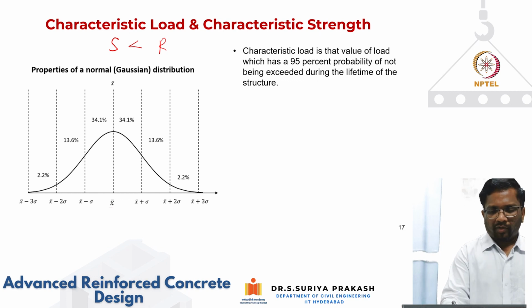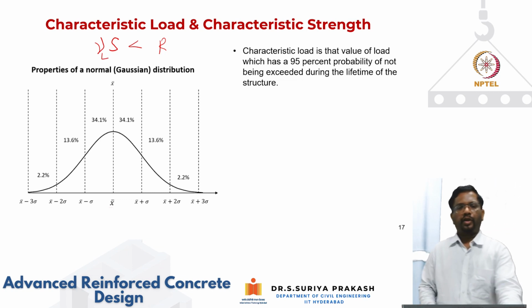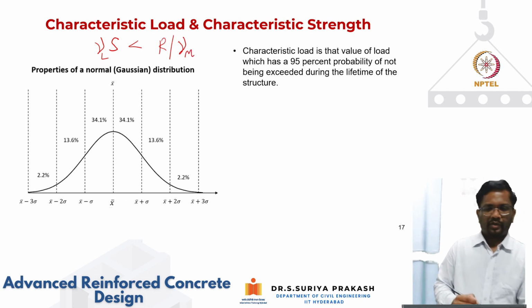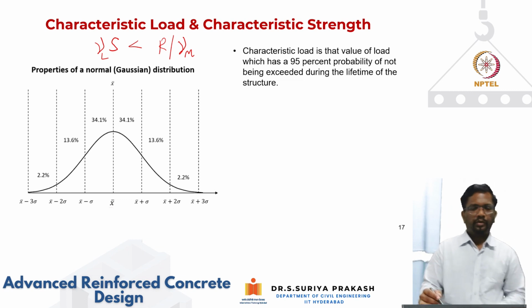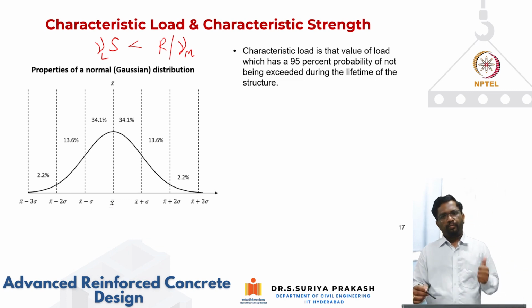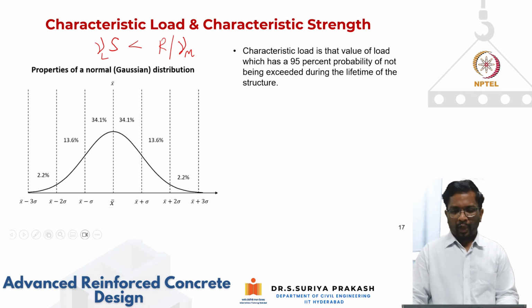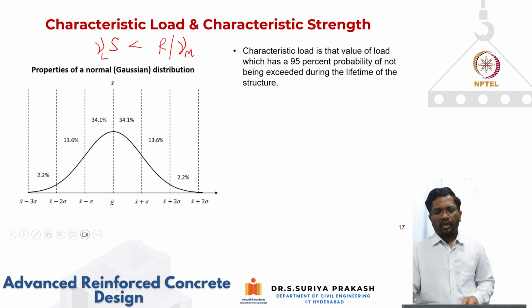What I have to do is increase the load effects by some load factor, let's say gamma L, and reduce the strength by some factor, which is the partial safety factor for material. This is what ideally we need to do, so that we account for both the variability in the load as well as the variability in the resistance. Usually that is what we try to do.